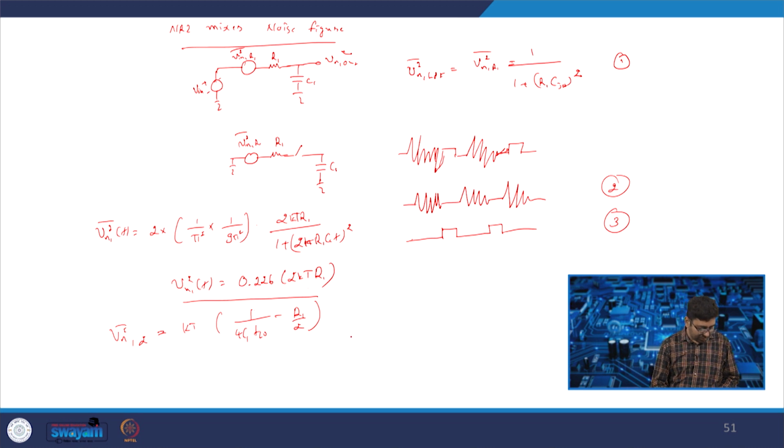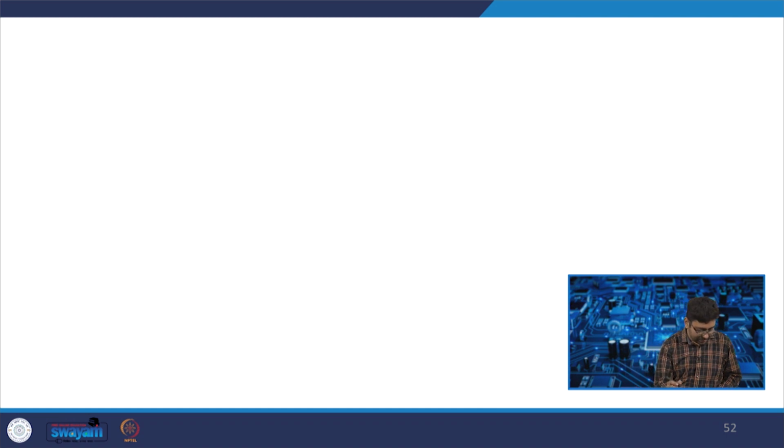We will get Vn,IN square, that is due to the IF, kT 3.9 R1 plus 1 by 2 C1 into fLO.